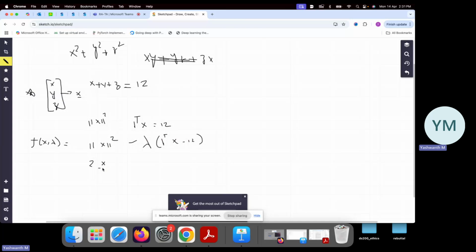Taking Lagrange, we get, again, 2 times 1 transpose x equal to lambda times 3. This is 24, that gives lambda as 8. And then x bar is equal to 4 times 1 bar, and 16 times 1 transpose 1. This is 3. This is 48.